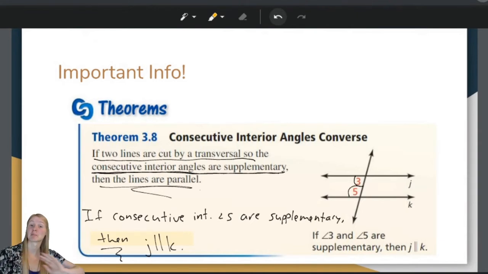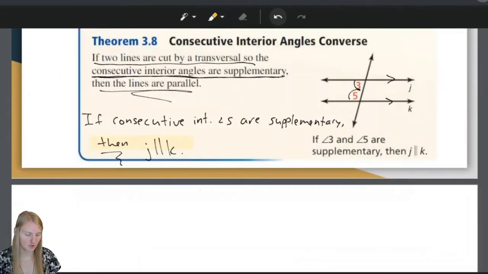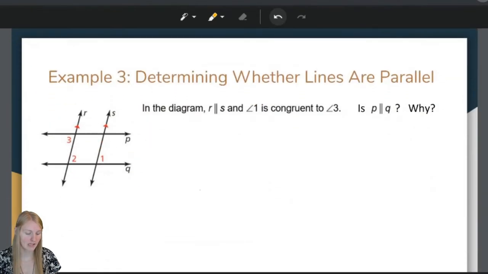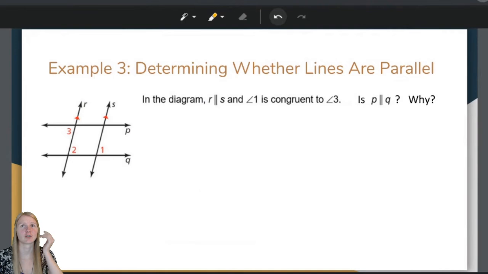If they are supplementary, then line J will be parallel to line K. So if 3 and 5 are supplementary, if they add up to 180 degrees, then line J will be parallel to line K. Let's jump in to our last example for today, determining whether lines are parallel.